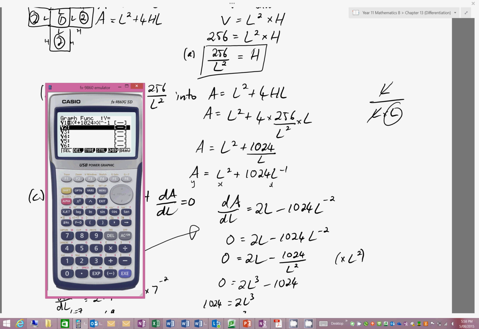You can put in that top formula if that's one you prefer. Draw it, I can't see anything. Shift zoom auto normally does a pretty good job. Not too bad. Well, I didn't put that in right. X squared, that's 1024. Oh, yep. Shift G-solve, see if there's a minimum anywhere. Not found. Great.